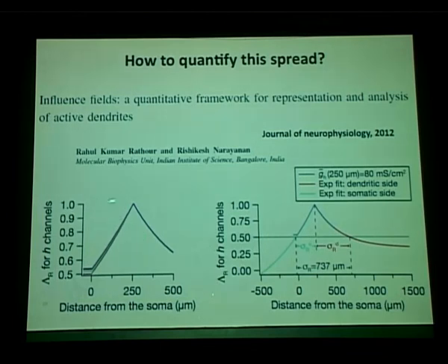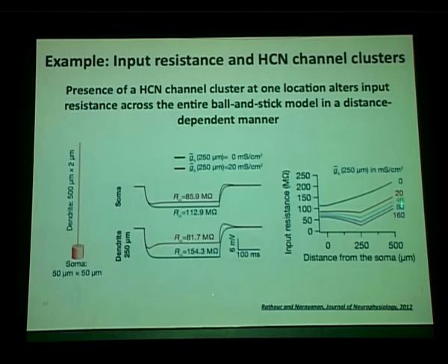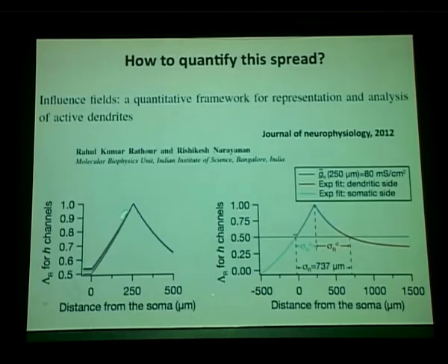Now you see that irrespective of what the density of the channel was, the normalized influence field is exactly the same on both sides, and you can quantify it by fitting exponentials on both sides and arrive at the full width at half maximum, which could be the spread of influence of this channel cluster across the dendritic topograph.